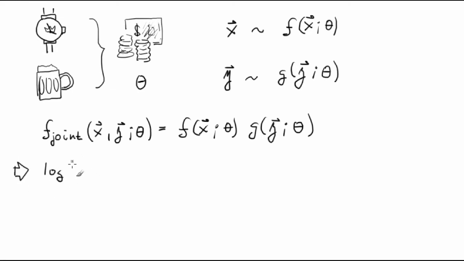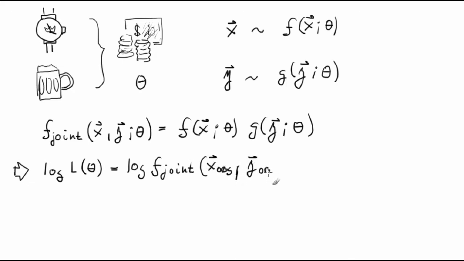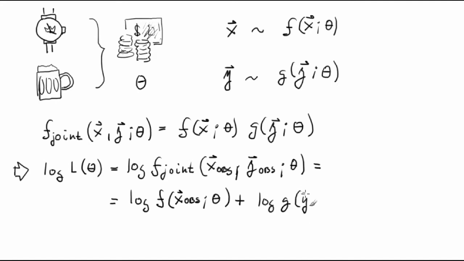Log of L of theta equals log of f joint of x vector obs, y vector obs with parameter theta, and that equals log of f of x vector obs with parameter theta plus log of g of y vector obs with parameter theta.